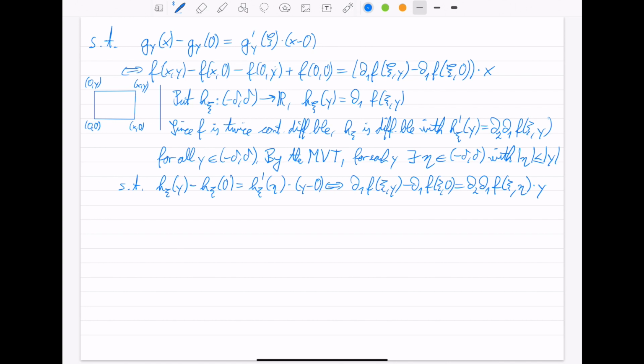So inserting this into our above equation, where the left-hand side already appeared, we obtain that f of xy minus f of x0 minus f of 0y plus f of 0,0 is d2 d1 f of (psi, eta) times xy.